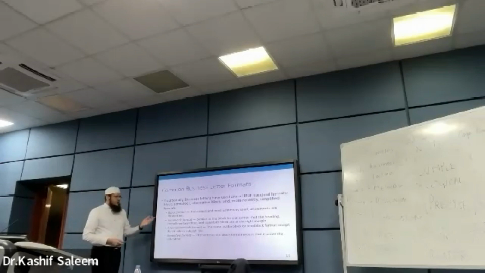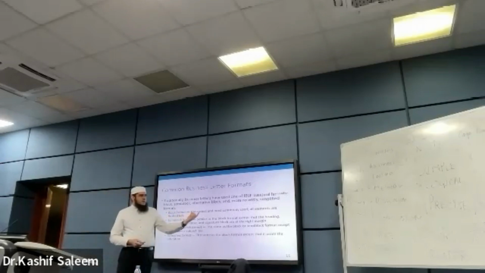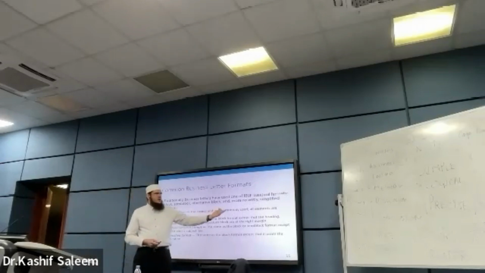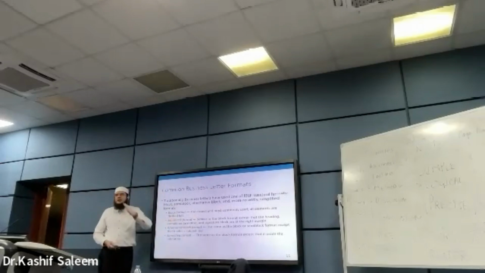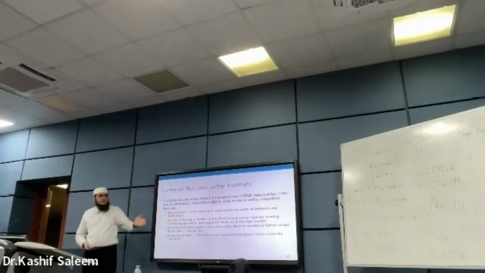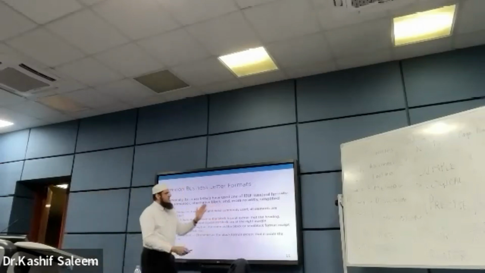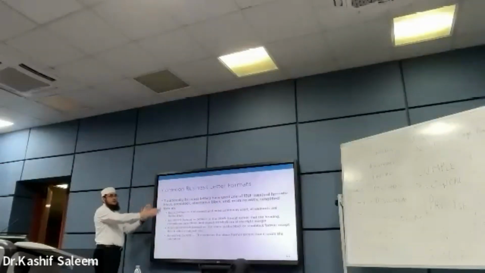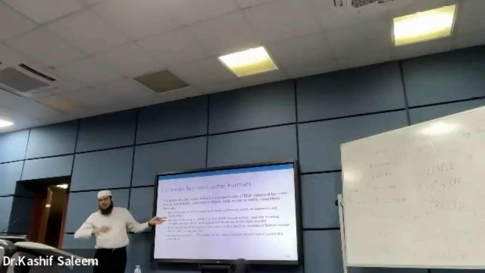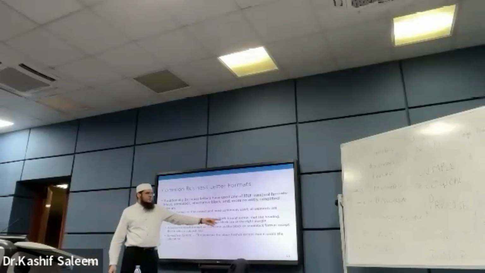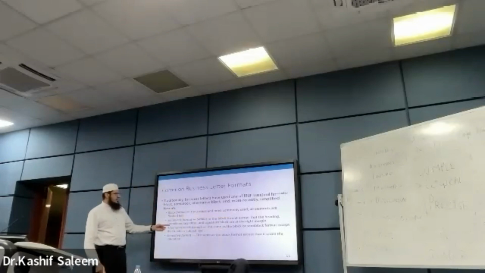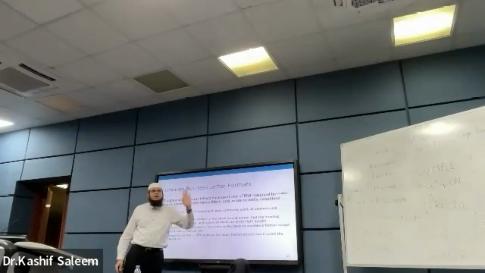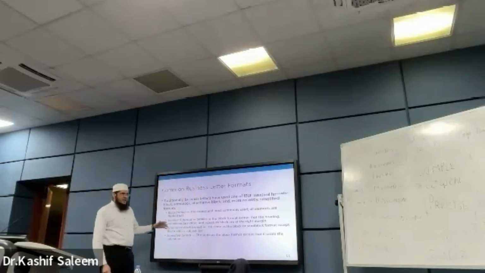Common business letter formats. Block format is the easiest and most commonly used. All elements are aligned on the left side, meaning if this is the page, everything is aligned on the left. There are examples coming. Semi-block format is similar to block format, except the heading, complimentary close and the signature block are on the right, and the rest is left aligned.